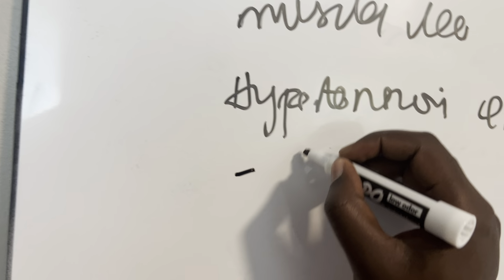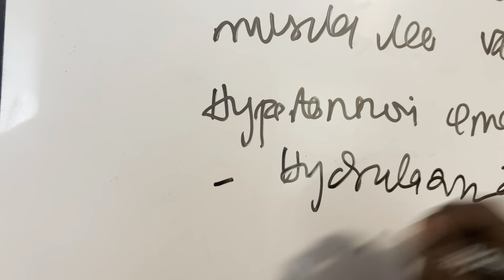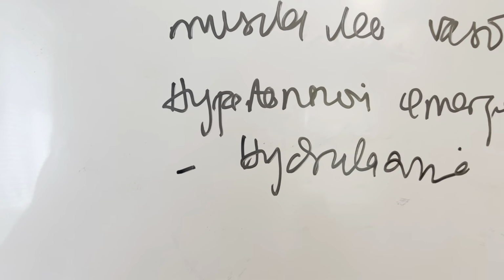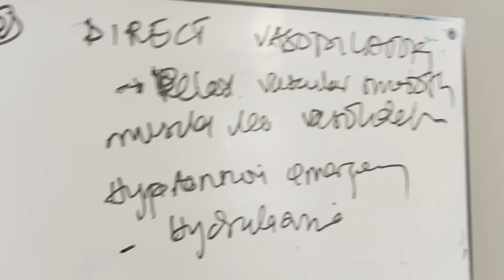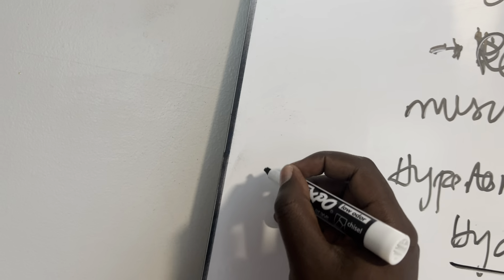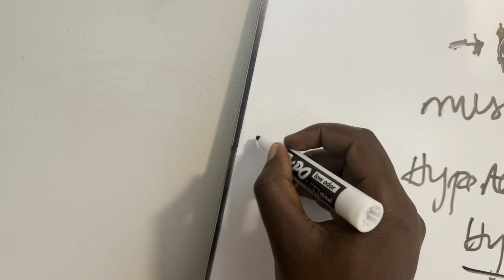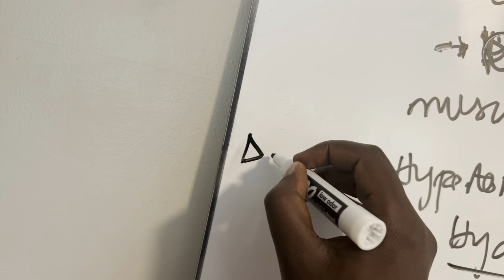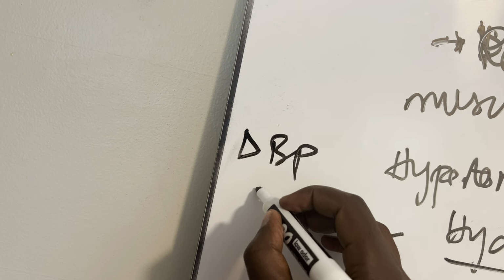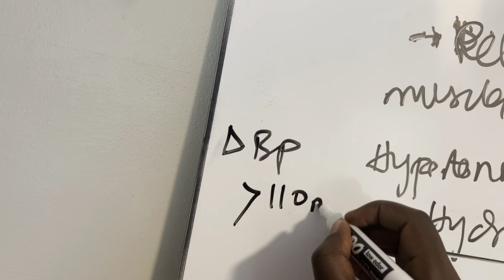So examples, we have hydralazine. I've seen it. Actually, I've once given it in the ward. Usually they give hydralazine when the diastolic blood pressure, the lower number, is above 110.